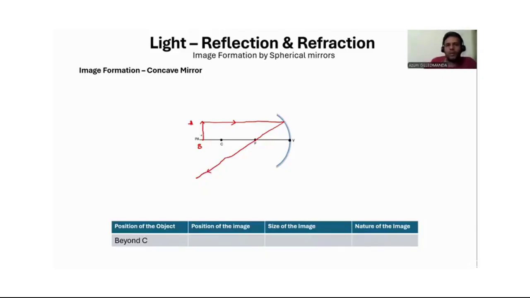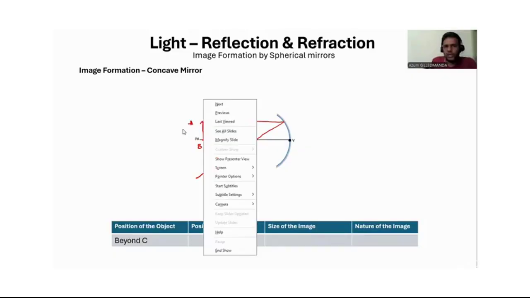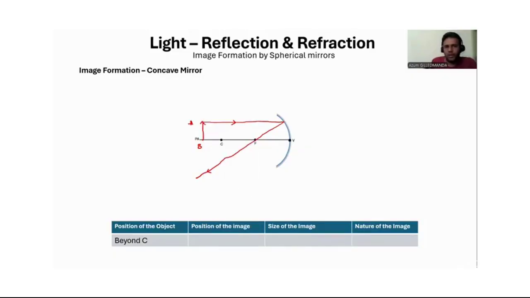Now, what happens if a ray is passing through the center? The reflected ray should also come out along the same direction. So if this is the incident ray, this is also the reflected ray. Then where are these two meeting? These two are meeting at this point.